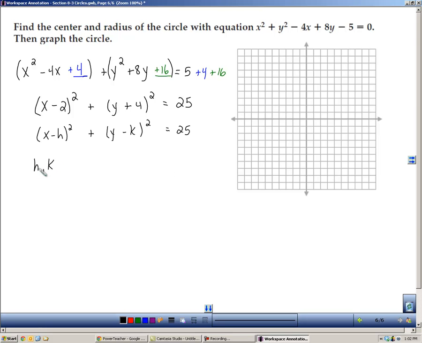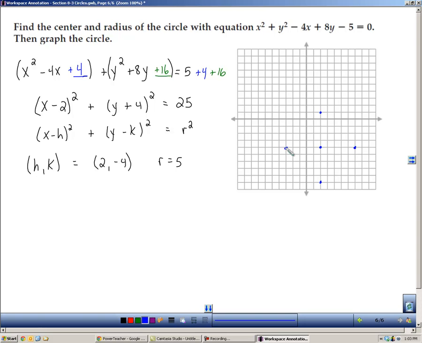So I can find my h and k a lot easier now and see my h is a 2 and my k is a -4. So that's the center of my circle, 2, negative 4. I also see that r squared, and I should have written this as an r squared, is 25, which means my radius of this circle is a 5, just like it was in the last one.